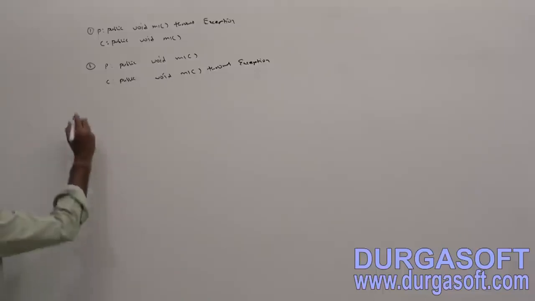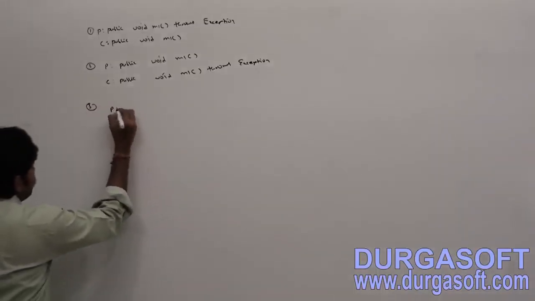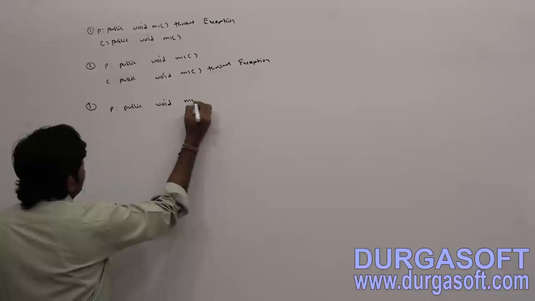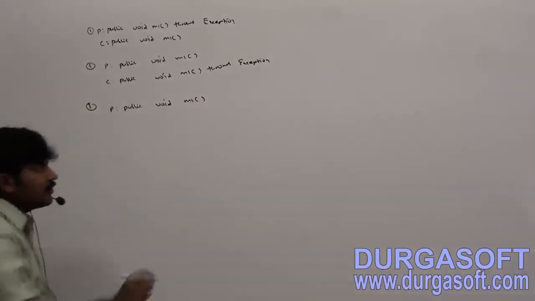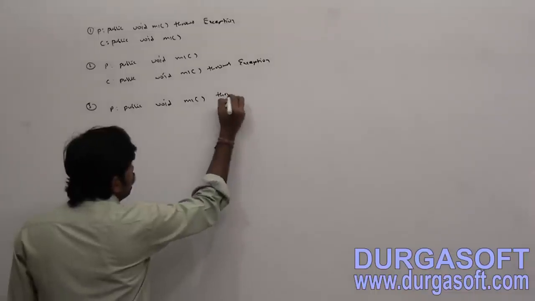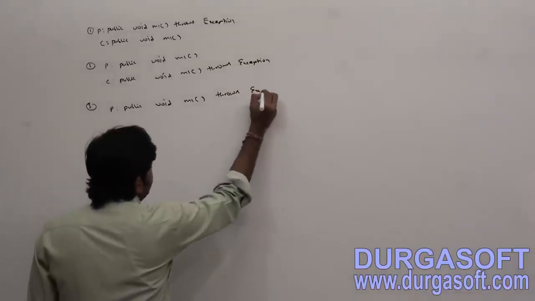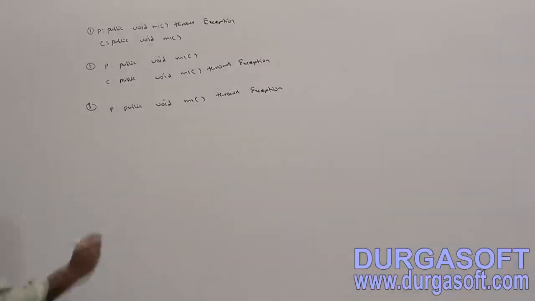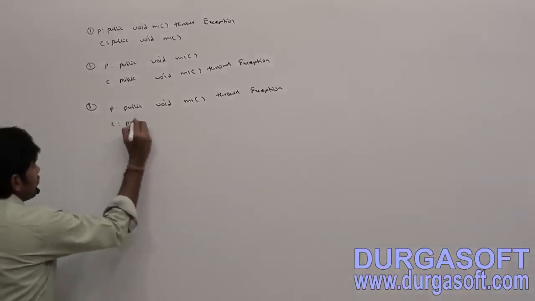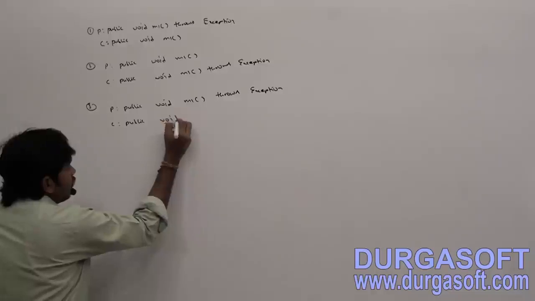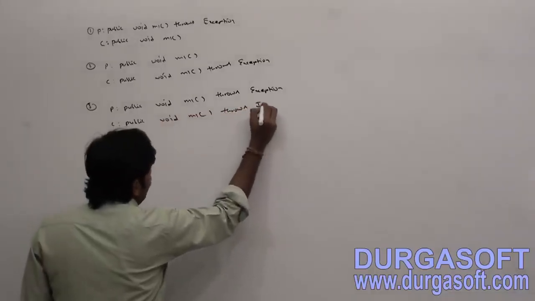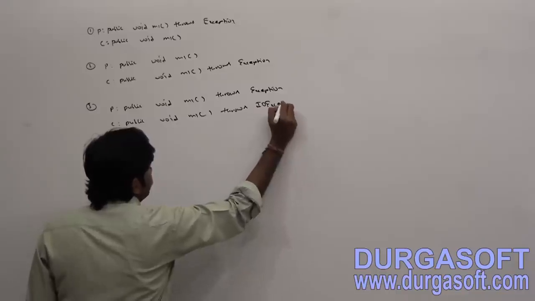Third one, parent public void M1 throws Exception. The parent class method throws Exception. Child class method public void M1 throws IOException.